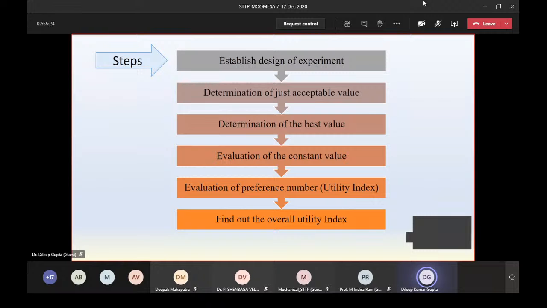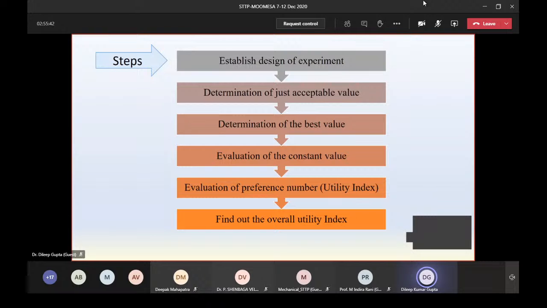From that decision matrix you will find out the just acceptable value and the best value for each particular criterion, and you will find out the constant a for each criterion.